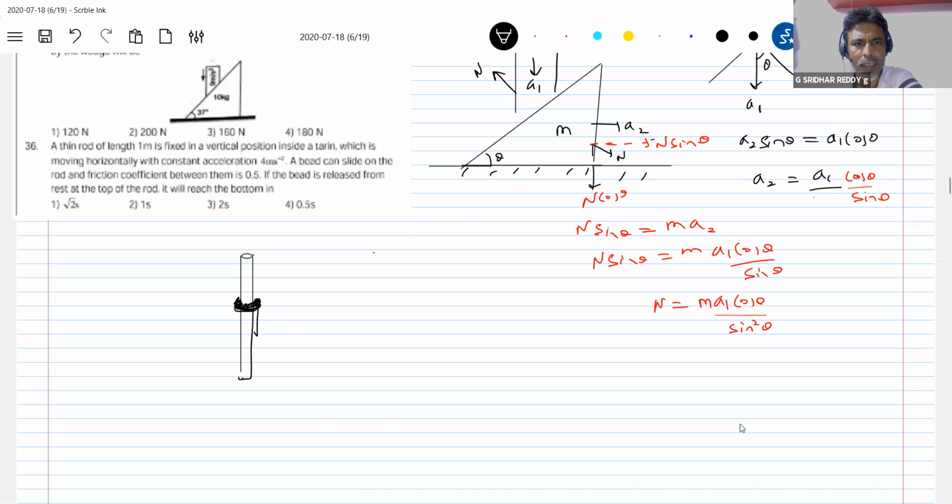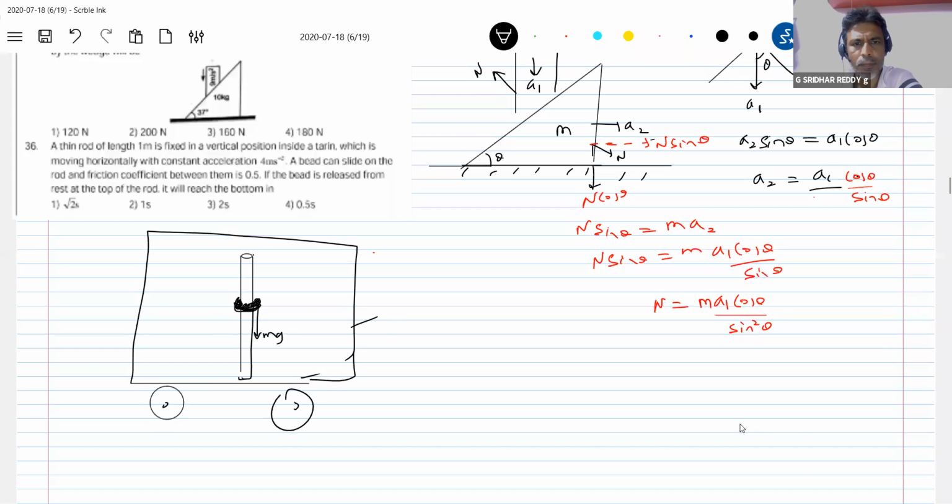So weight mg will act, as it is kept in a train, no? The train is moving with an acceleration A. So pseudo force will act, and that will provide normal contact. And due to that, friction will act. Fine? Okay, sir.